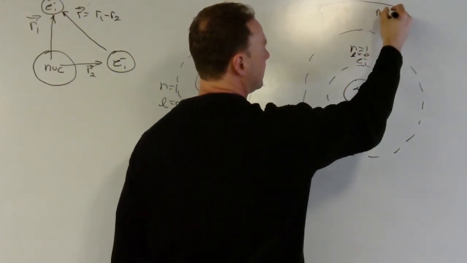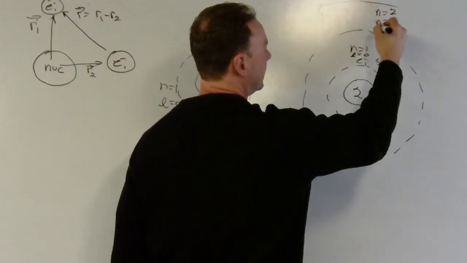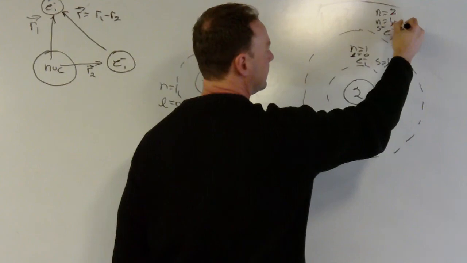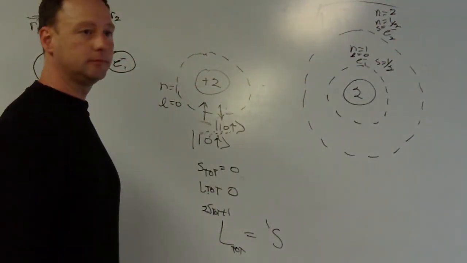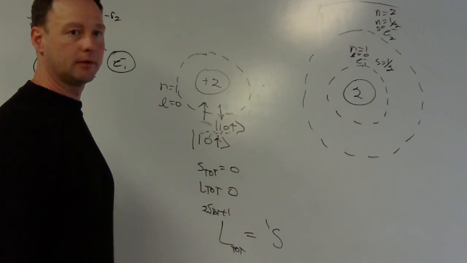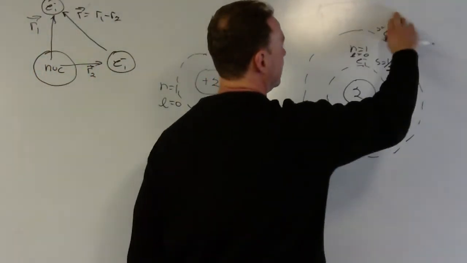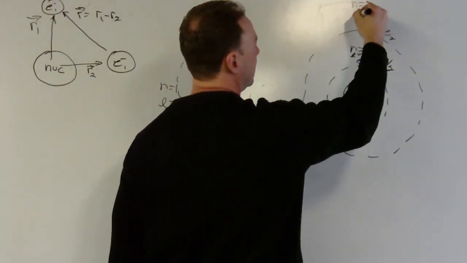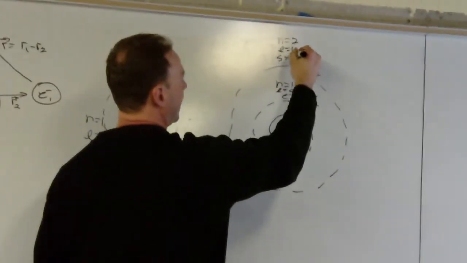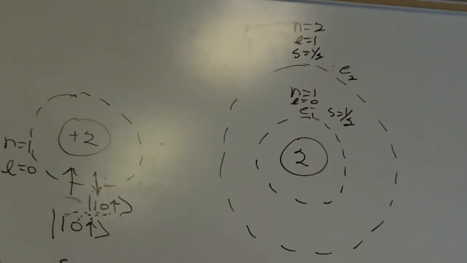And this is n equals 2, L equals 1, and S equals a half. Sorry about that, guys. So this is electron 2, n equals 2, L equals 1, S equals a half. Okay, so let's do that game.